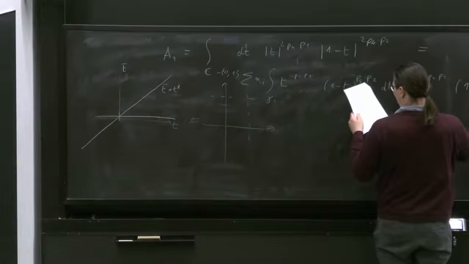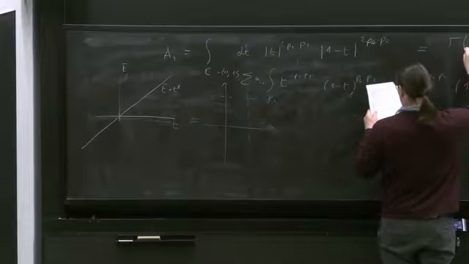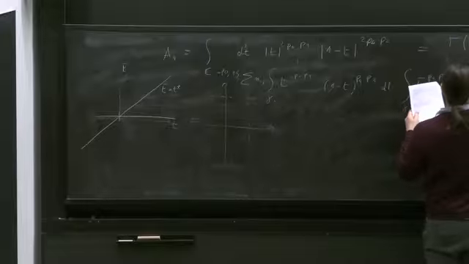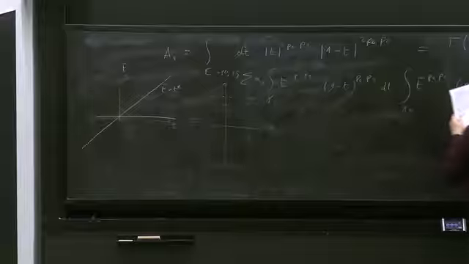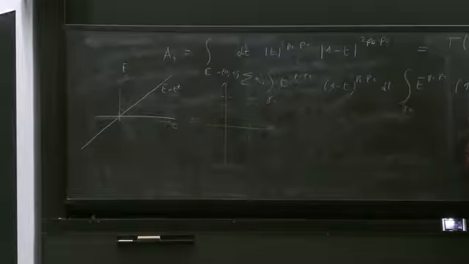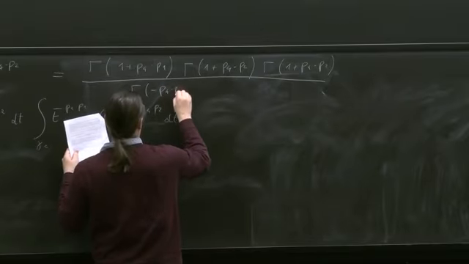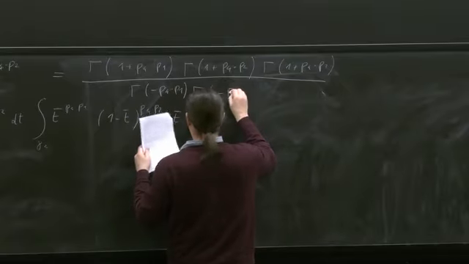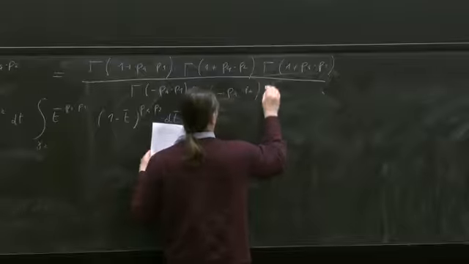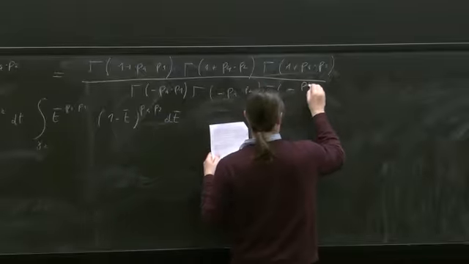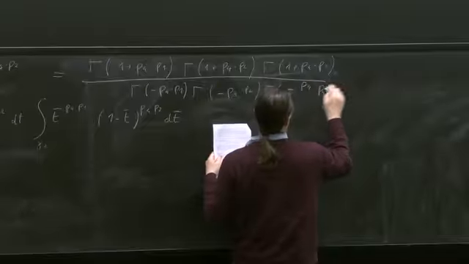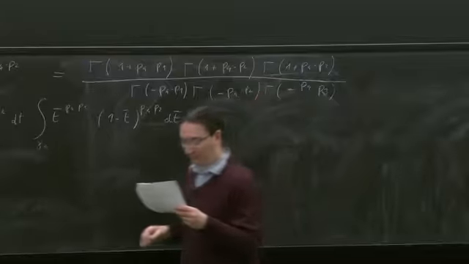let me just write down the answer. Okay, so it's a ratio of products of gamma functions.